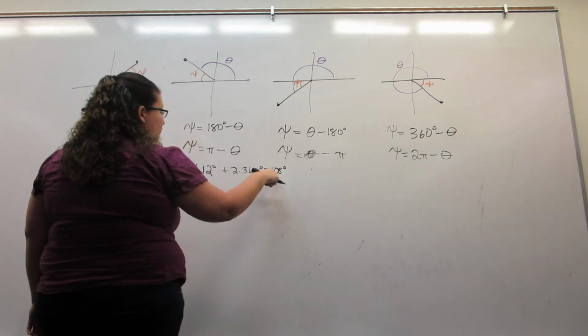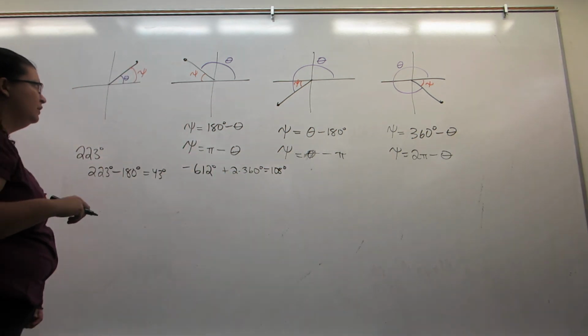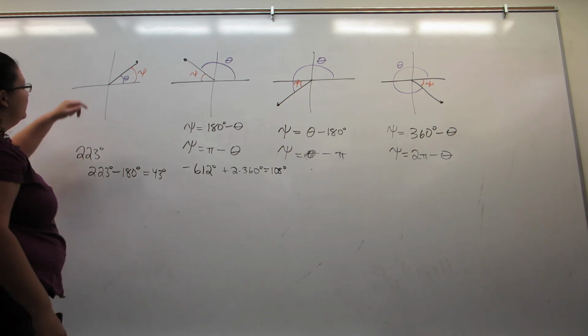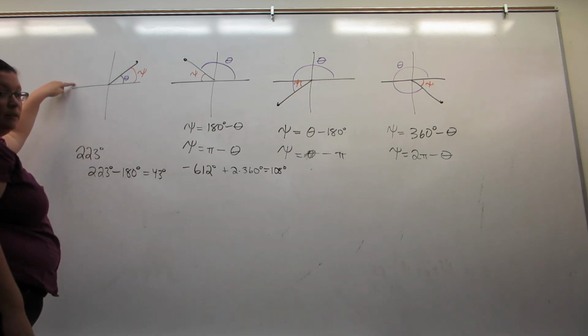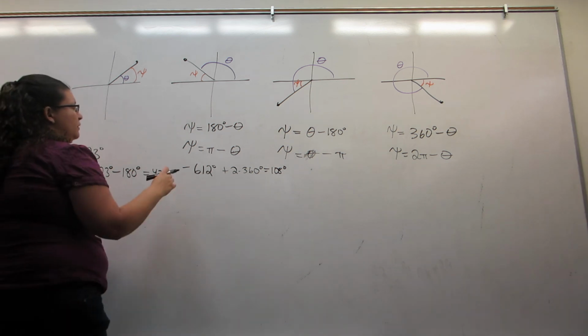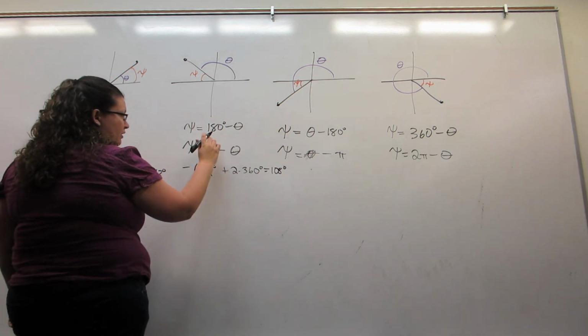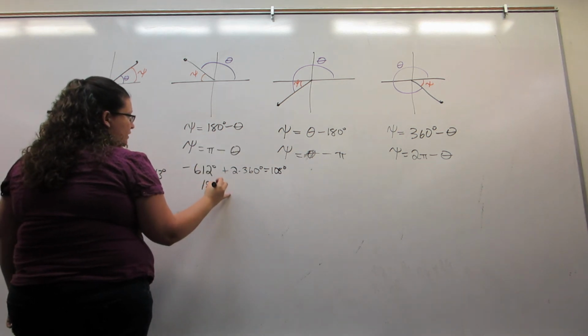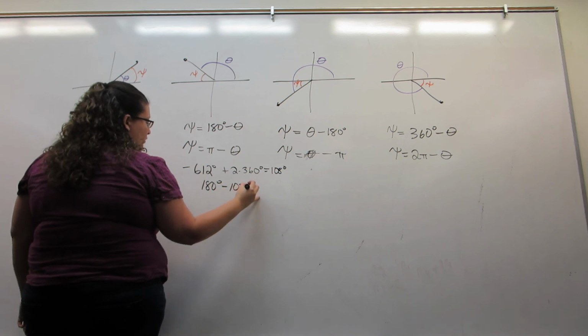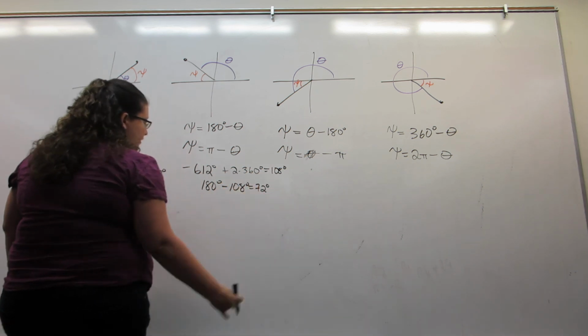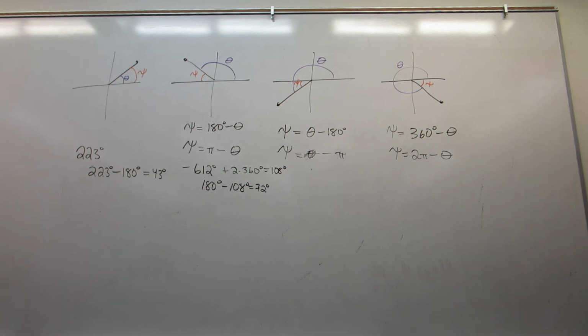So I want to find the reference angle for the angle 108. Now, 108 is more than 90 degrees, but less than 180, so it must be in quadrant 2, so we're using this formula. So our reference angle is 180 minus the 108, which is 72 degrees.